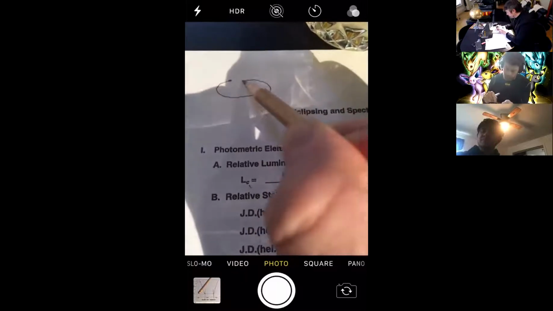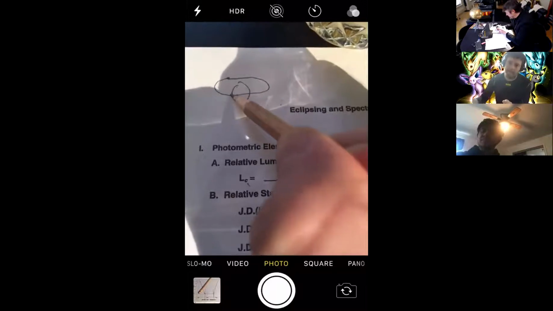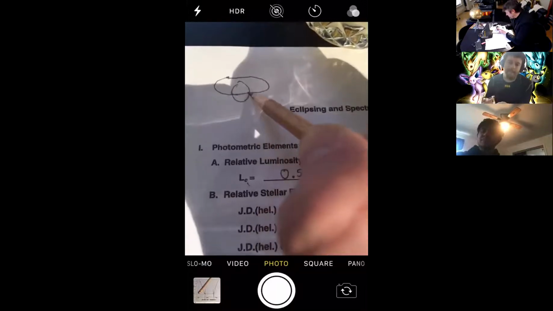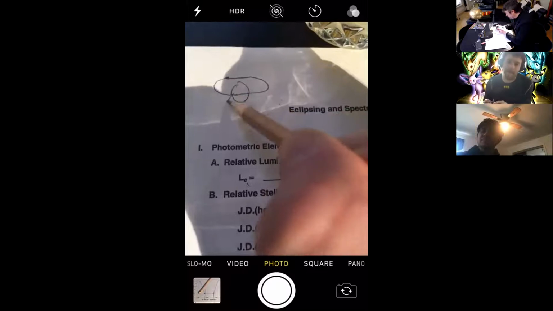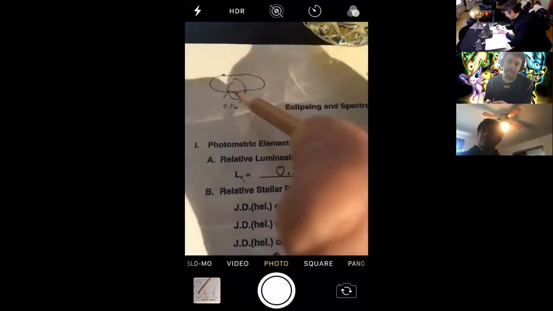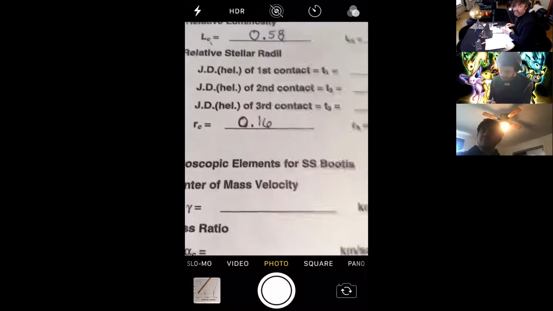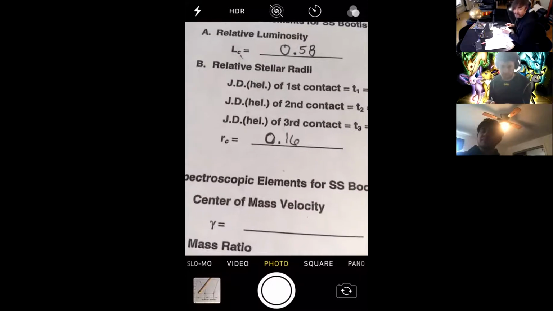In other words, we're watching the star go around in a big loop, and for a fraction of its loop, it's disappearing behind the hot star, or behind the cold star. So this percentage is 16% of the entire semi-major axis. Let's just call it scale radius, okay? It's 16% of the orbital radius.